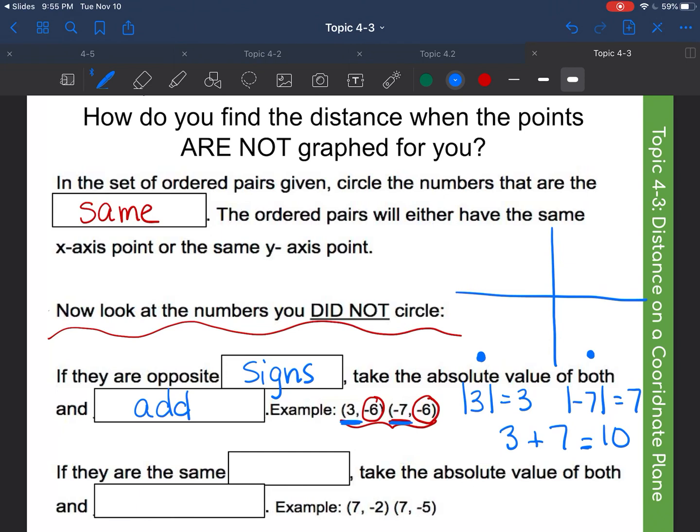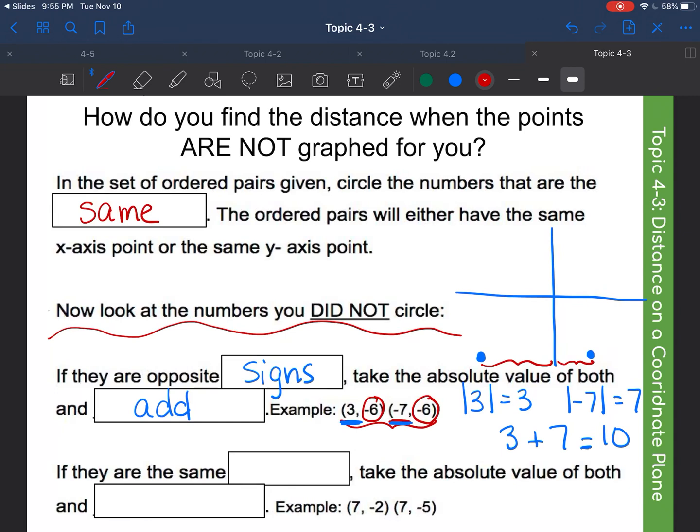So those are where the 2 points are. And it makes sense because we have this distance and this distance. So we have to add both of those distances. And again, we're finding distance, so that's why we're taking the absolute value, because distance is never negative, okay? So that's if they're opposite signs.